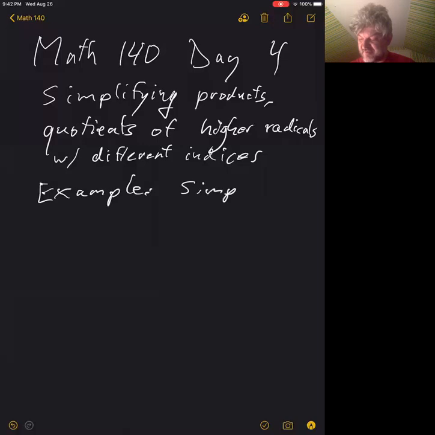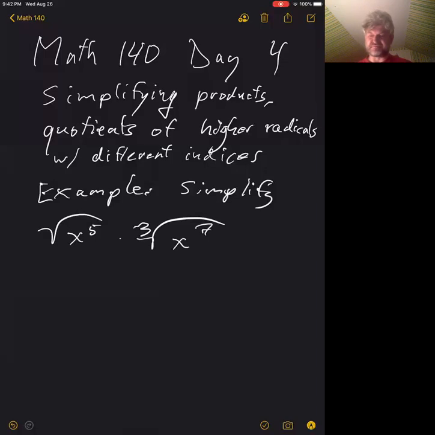It always would say simplify. And for example, the square root of x to the 5th times the cube root of x to the 7th. Simplify this. The first thing you should do, I'm going to say that this is the best way.